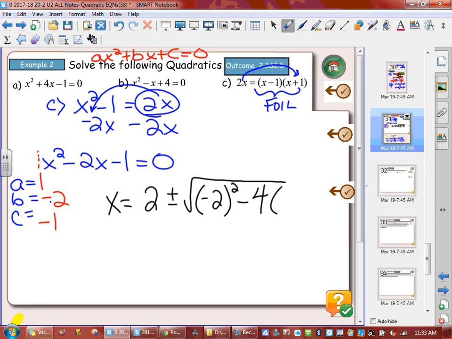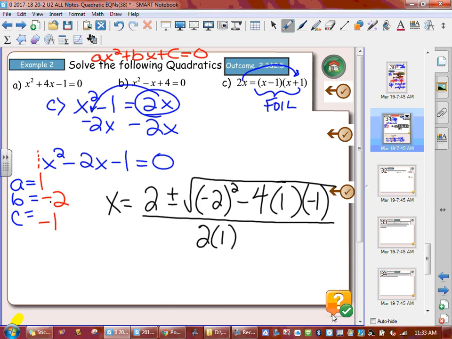Put all the numbers where they go. 2 times a on the bottom. Okay, so we put all the numbers where they belong. What's our next step?